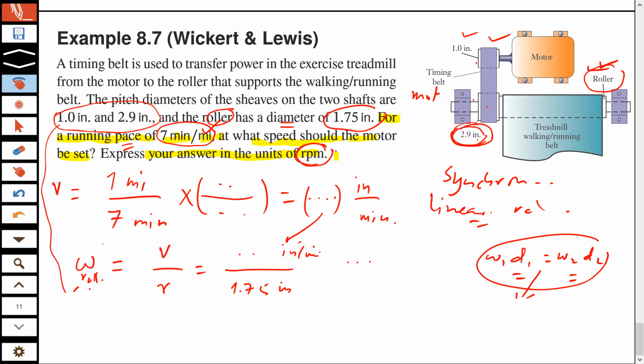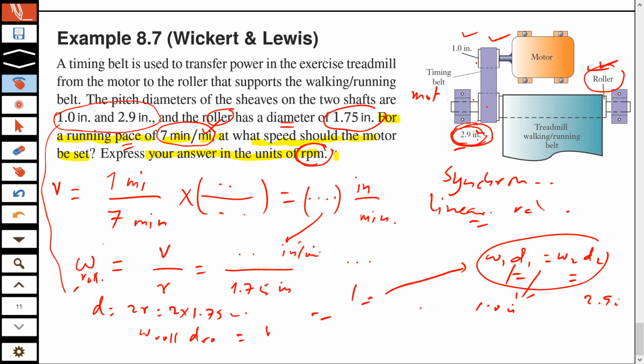Well, you know the ratios there too. Just as d1 and d2 are known for these two, where one is 1.0 inch and the other is 2.9 inch, similarly the 2.9 inch one is with the roller, and the diameter of the roller is also known, it is 2 times r, which is 2 times 1.75 inch. So you can use the same kind of equation, omega roll times d roll equals both of these.